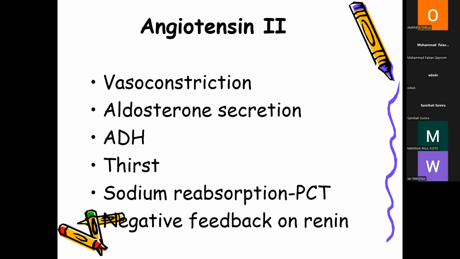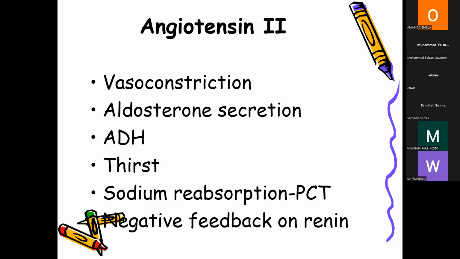ADH or vasopressin is also stimulated. The production of vasopressin or ADH is stimulated by angiotensin 2. We know now that if you go to the kidney, the collecting duct, that vasopressin, through the mechanisms that we talked about the other day, combines with V2 receptors and creates aquaporin 2 channels.